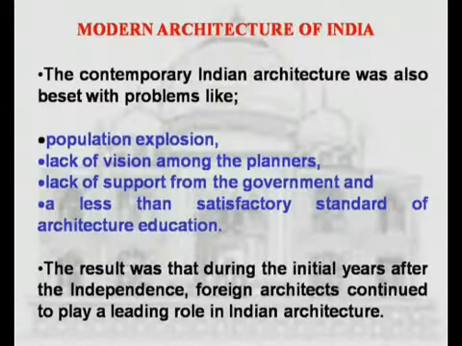The contemporary Indian architecture was beset with many problems like population explosion, lack of vision among the planners, lack of support from the government, and a less than satisfactory standard of architecture education. The result was that during the initial years after the independence, foreign architects continued to play a leading role in Indian architecture.